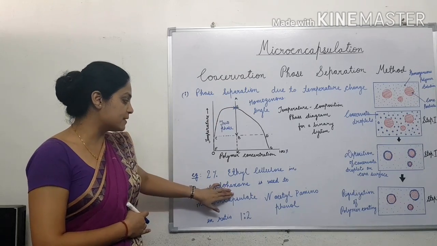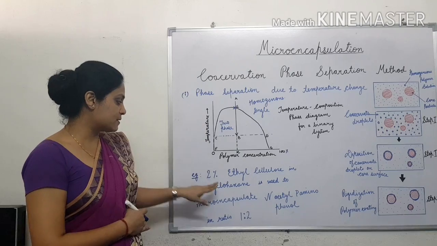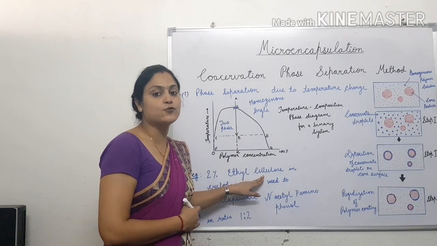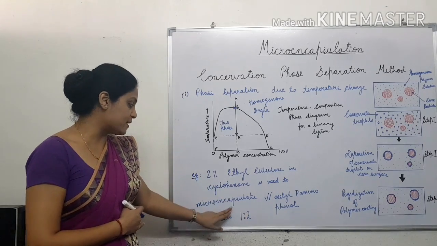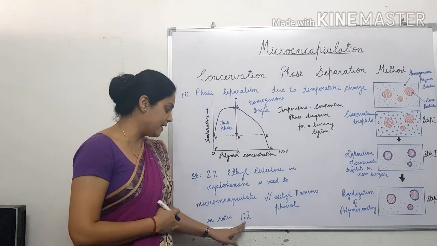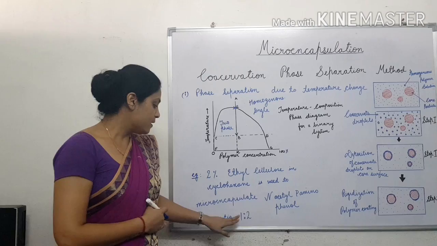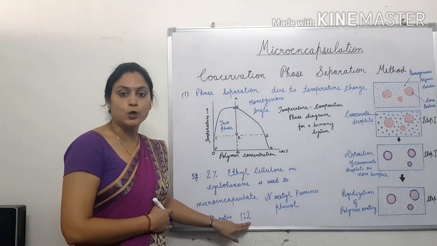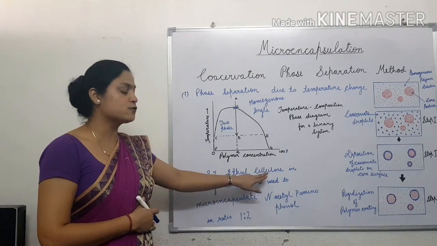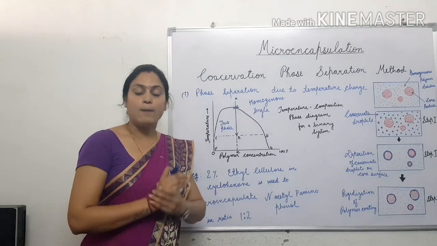When the temperature of this system is reduced according to this phase diagram, the ethyl cellulose starts separating out as liquid droplets, and if the core is present in the proper ratio, that is 1:2, where 1 is for coating material and 2 is for core material, the drug to be encapsulated, and under proper agitation conditions, the ethyl cellulose droplets will start depositing over the acetyl para-aminophenol particles.